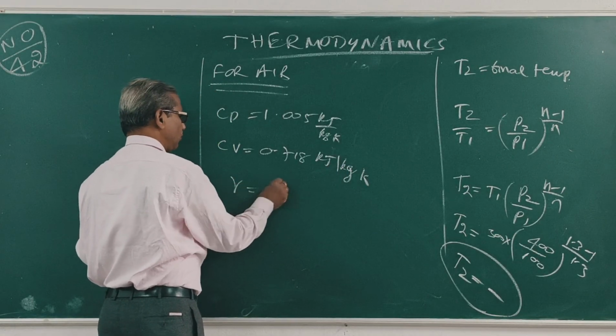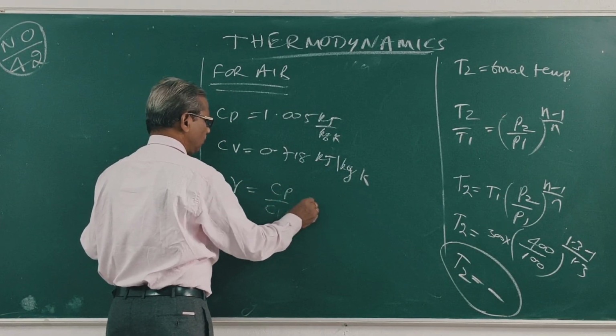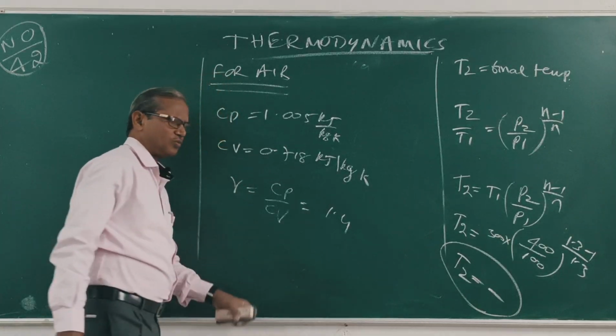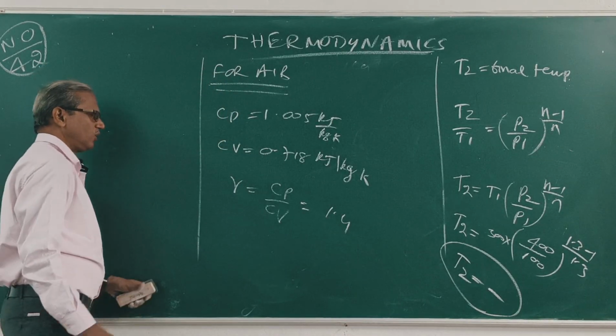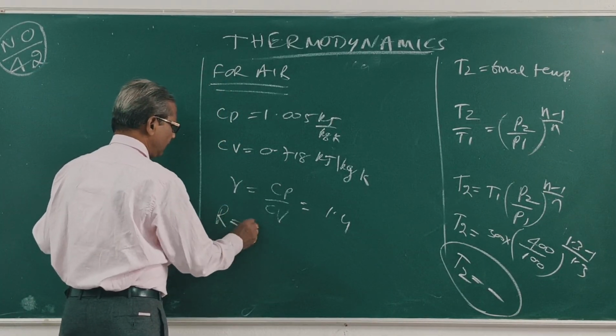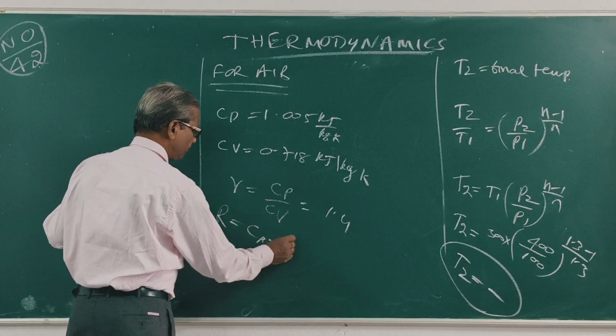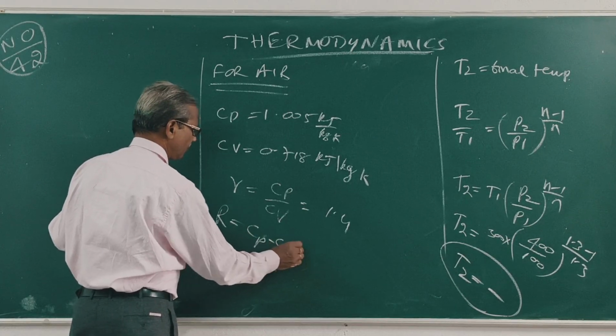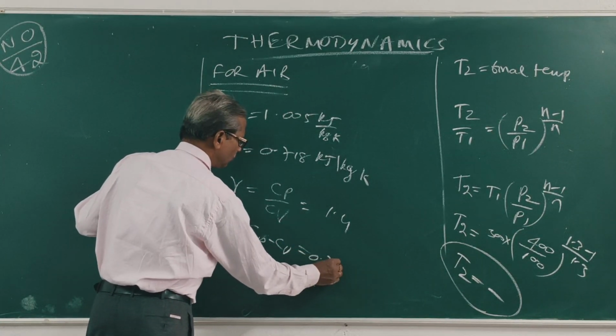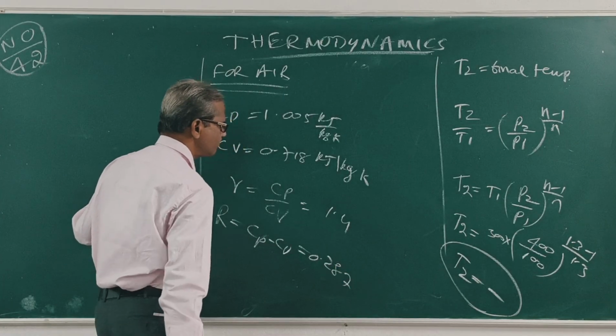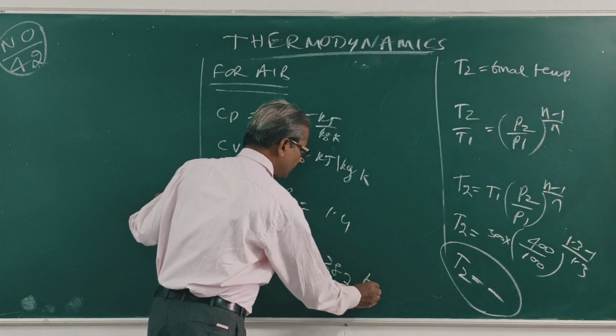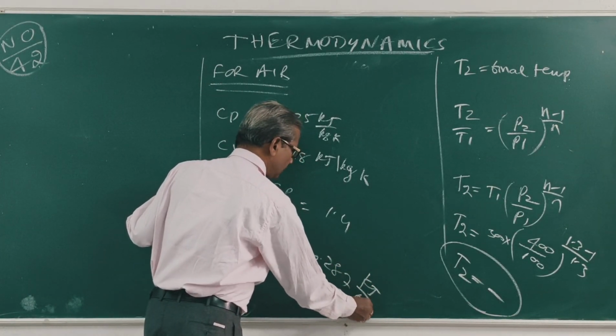So gamma is equal to Cp by Cv, which is 1.4. What is R? Cp minus Cv, 0.287 kilojoule per kg Kelvin.